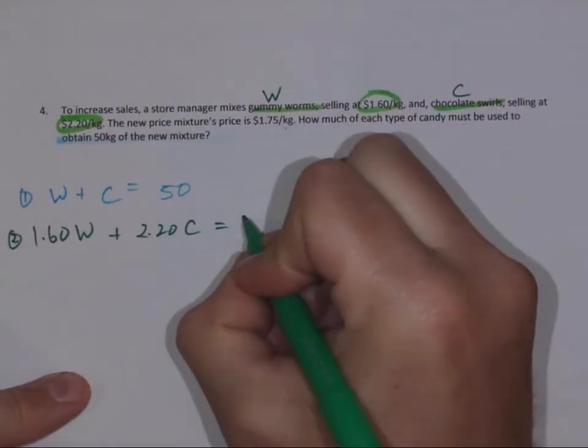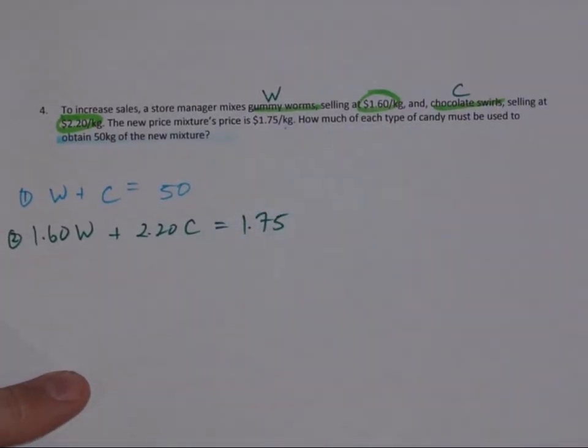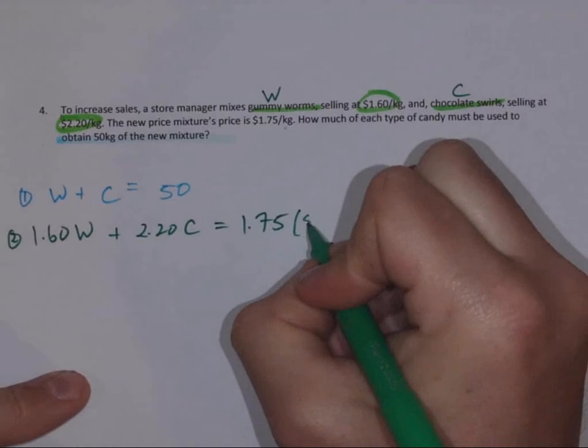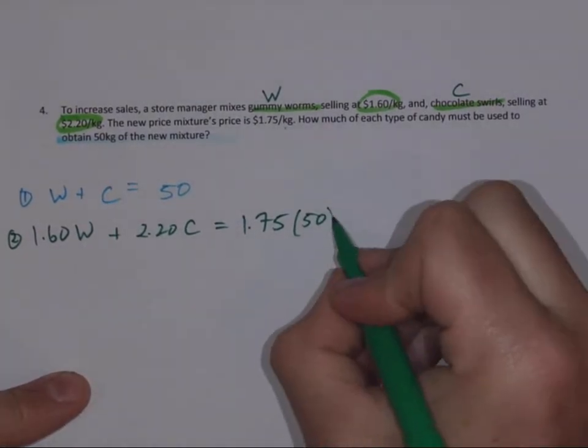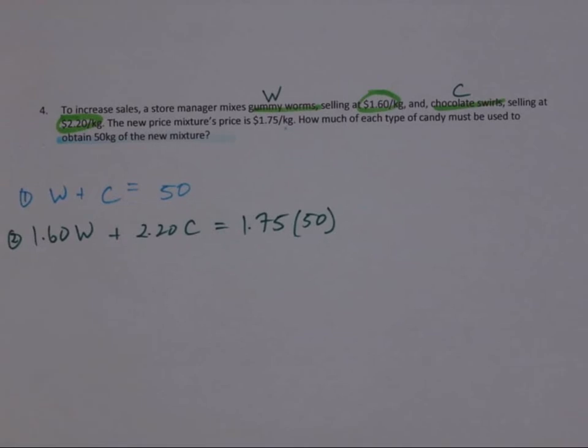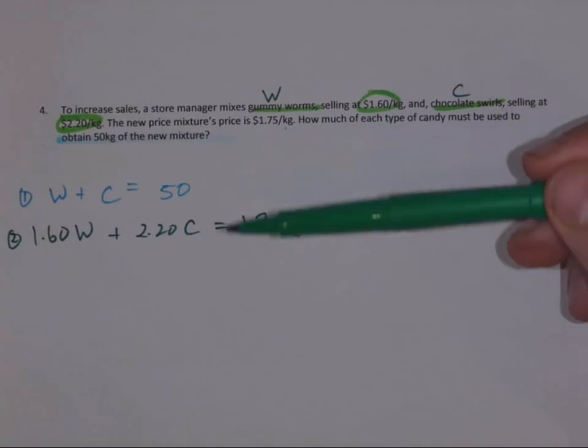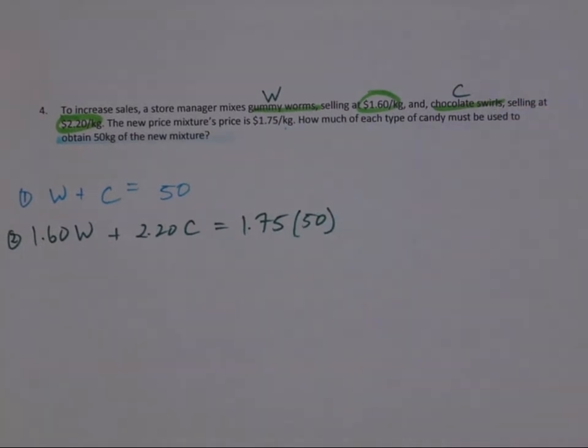It's going to equal that selling price, but don't forget, times how much there will actually be, 50 kilograms. And now we have our 2 equations. Again, for sake of time, I haven't done let statements, I haven't solved, but you can see your setup there. After you complete these, try some practice of writing out the equations.